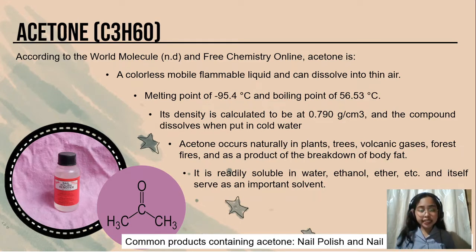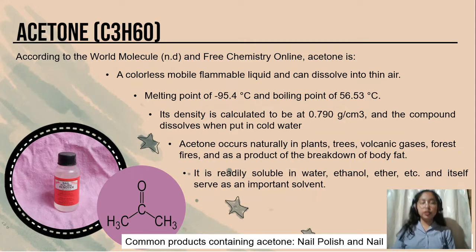The density is calculated to be 0.790 grams per cubic centimeter, and the compound dissolves in cold water. Acetone occurs naturally in plants, trees, volcanic gases, forest fires, and as a product of the breakdown of body fat. So it is really soluble in water.